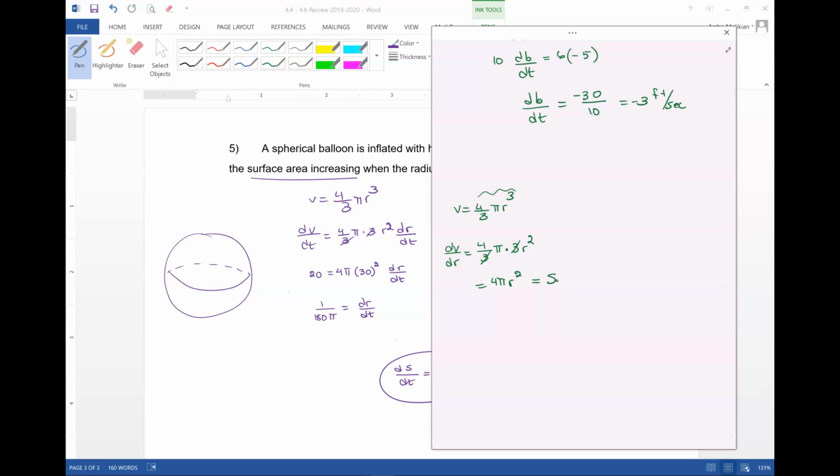So when you take derivatives, what you end up doing, as we'll find out later, is you strip away dimensions. You have length, then area, then volume, and if you go the other way, you have volume, then area, then length.